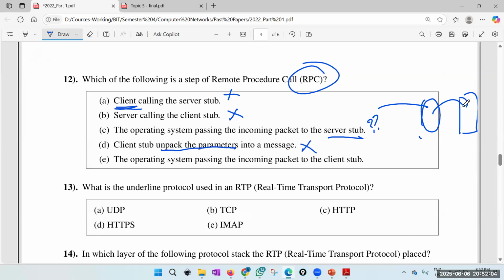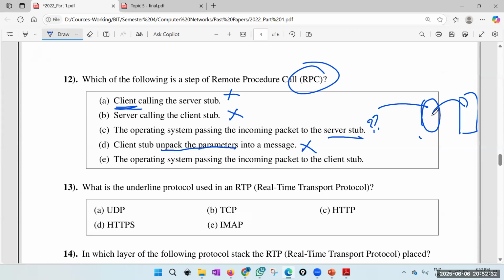Server skeleton unpacks, or server stub. On the server side, sometimes we call it stub, sometimes we call it skeleton. But on the client side, it is always called stub. Operating system passing the incoming packet to the client stub? Usually the operating system must give it to the server stub, okay?